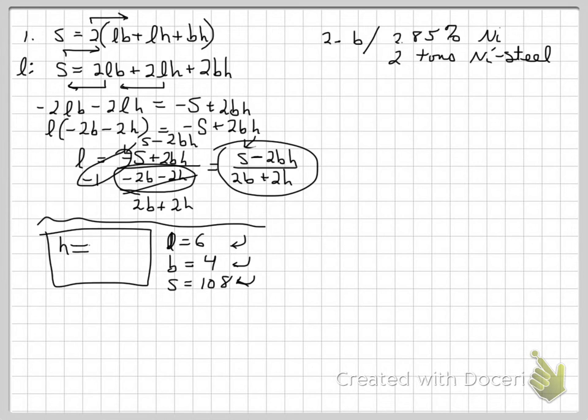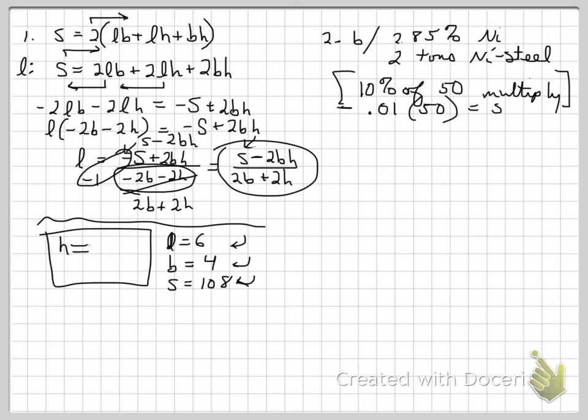Now let's just take it back to something I would ask for. What if I said, if I have 10% of a value, let's say 50, how much would I have? Well, notice that's a multiply, right? I would simply multiply 10%, changed to a decimal, 0.10 times 50, and I would get my answer.